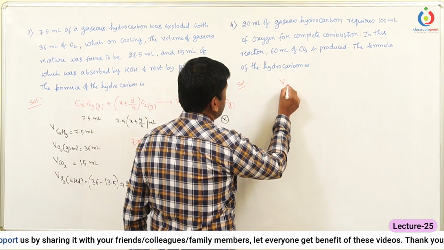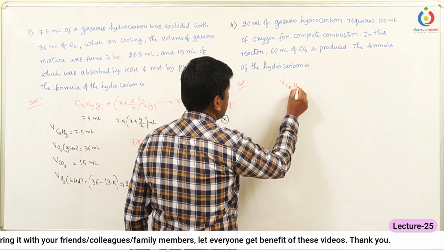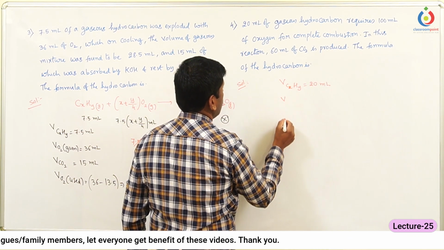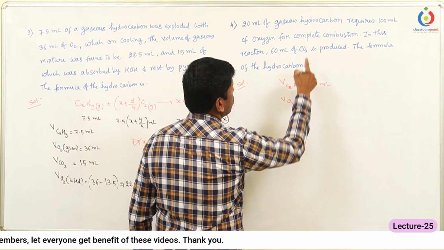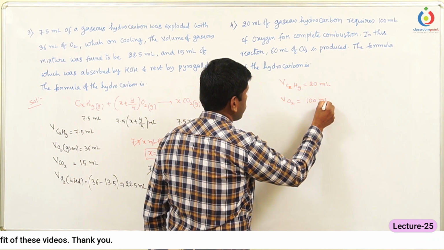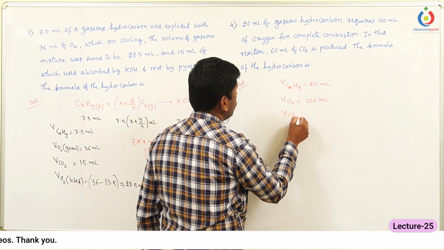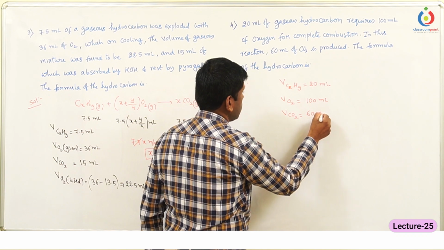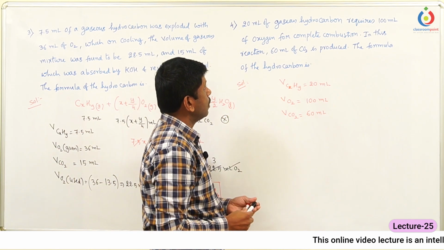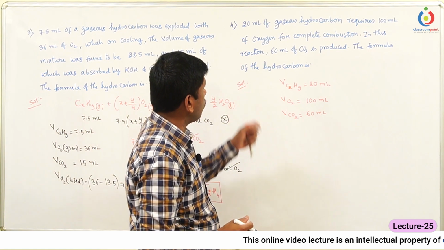volume of hydrocarbon CxHy is equal to 20 ml. Volume of the oxygen is equal to 100 ml. And volume of the CO2 is equal to 60 ml. So let us see the question.